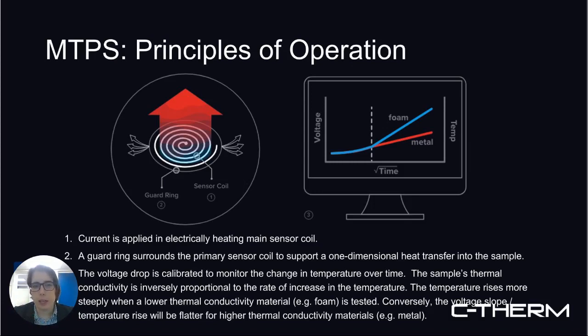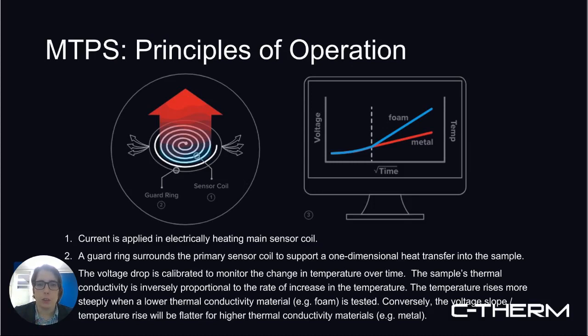We make the sensor spiral out of a material that has a very high temperature coefficient of resistance, or TCR, and therefore we can calibrate the voltage drop across the sensor spiral to the temperature of the sensor spiral.